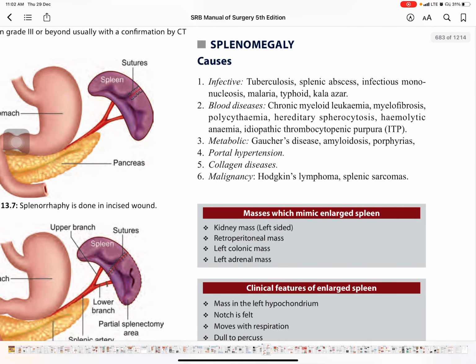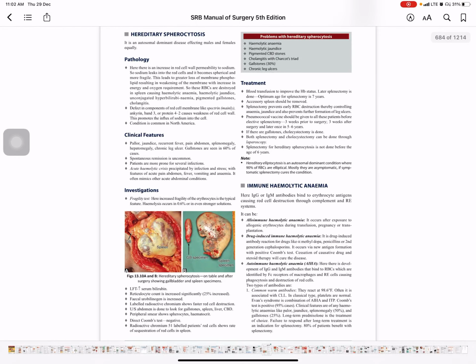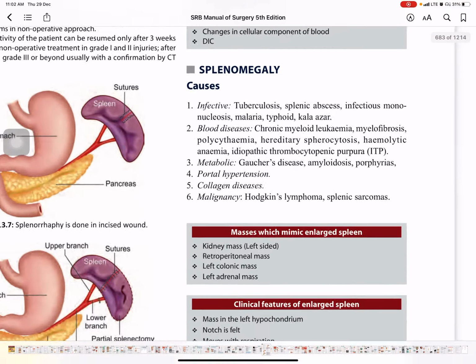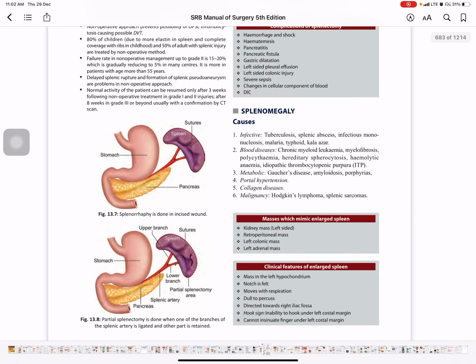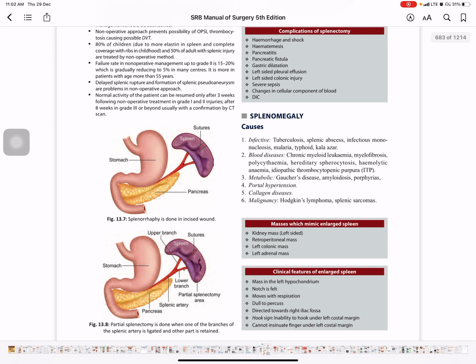Causes of splenomegaly: infectious, blood, metabolic, portal hypertension, collagen diseases, malignancies. Clinically, splenomegaly cannot be detected unless it's 3 to 4 times the normal size. Clinical features: it's an enlarging mass, with inability to hook your fingers under the costal margin. It's directed towards the right iliac fossa because the phrenicocolic ligament prevents its downward displacement.